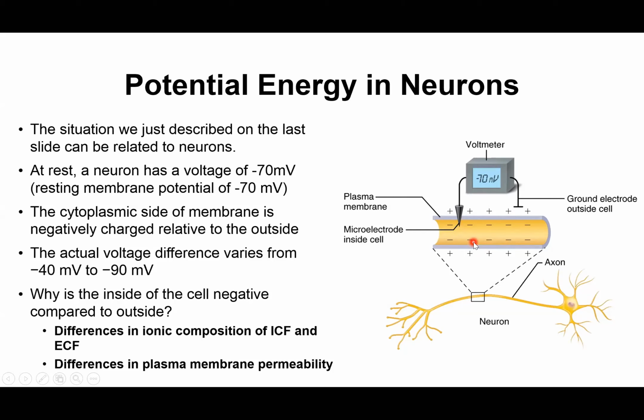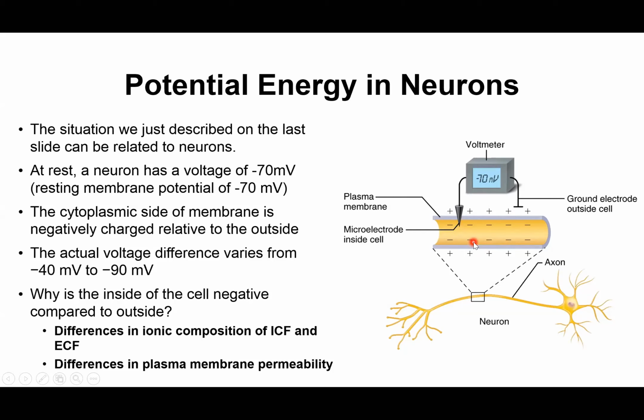It's important to know that potassium is going to be playing the most important role in establishing this membrane potential. So I have already covered one of the reasons why the resting membrane potential is negative relative to the outside here.